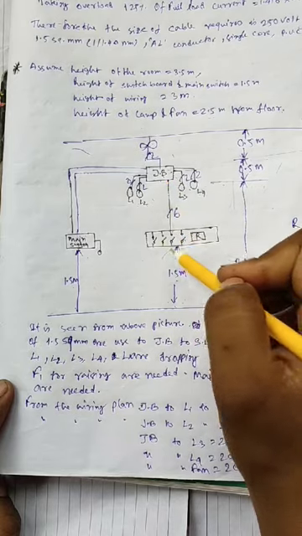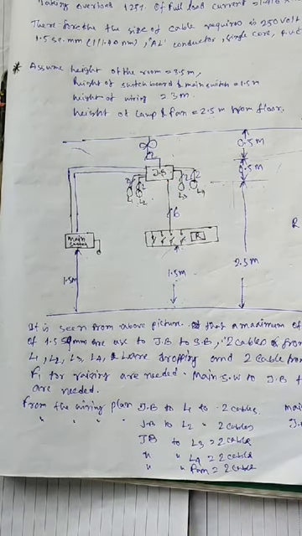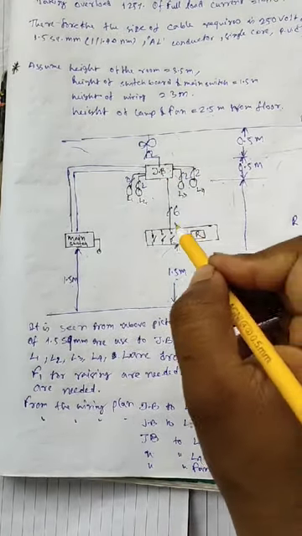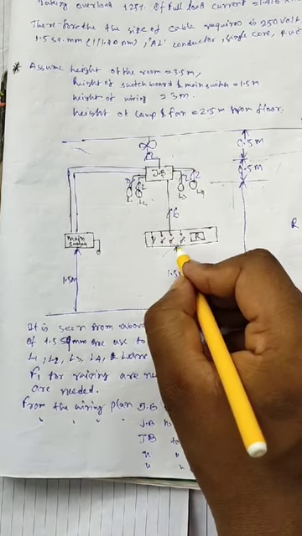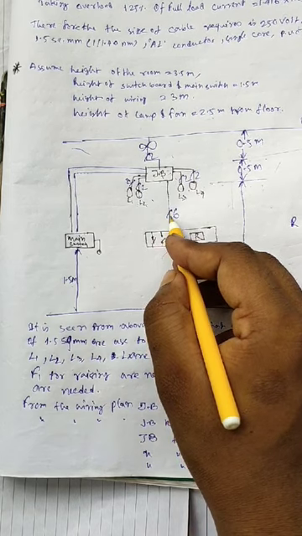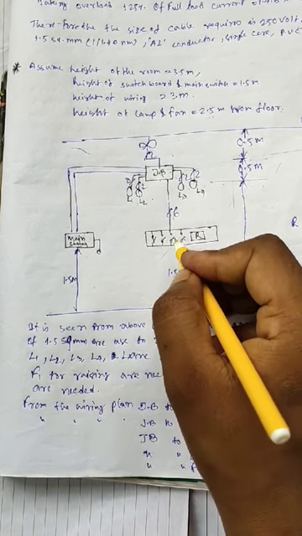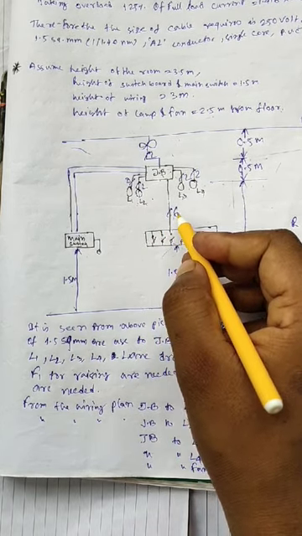From the junction box to the switch box, 6 cables are used, because there are 4 loads, and for 4 switches, 4 cables.